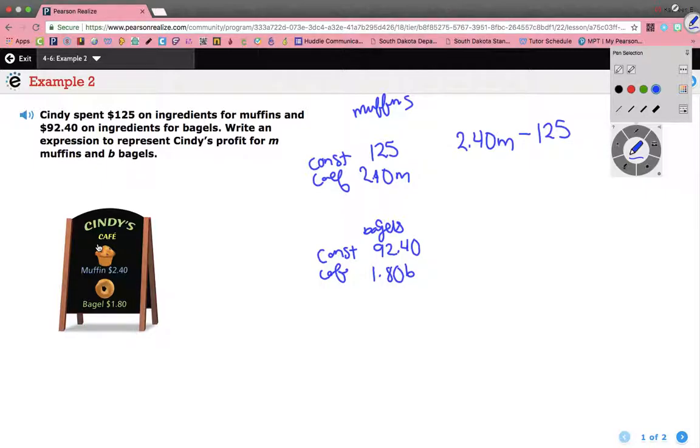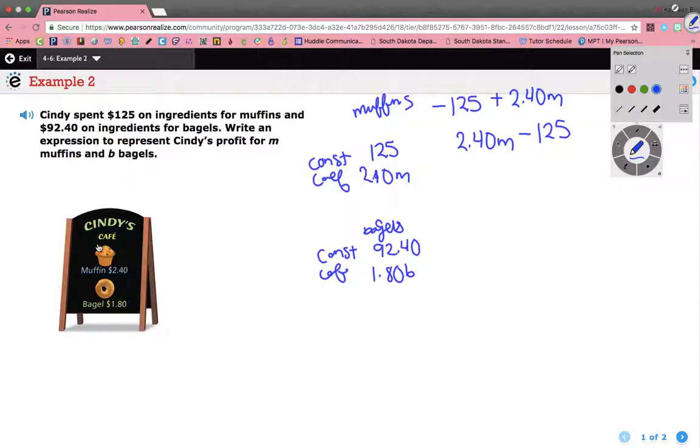We could rewrite this if it makes more sense in your head that she was $125 in the hole, and then to it she's adding $2.40 per muffin. They're the same thing. Those are equivalent expressions. The 125 is negative and the 2.40 is positive, so it works the same.